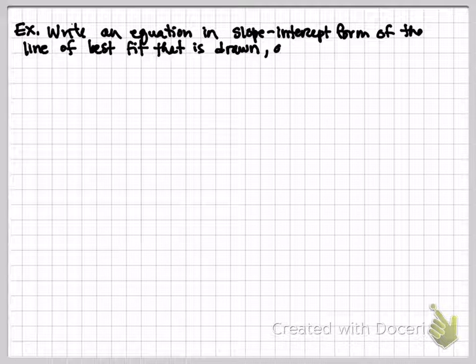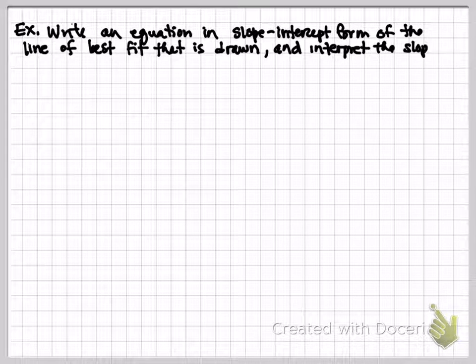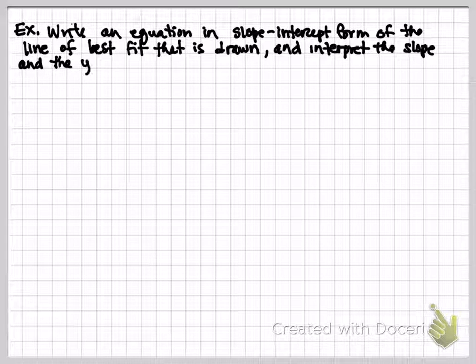And interpret the slope and the y-intercept. So the whole point behind statistics is that ideal of interpretation. What does it mean? Okay, so what we basically have is the number of cellular service subscribers in the U.S.